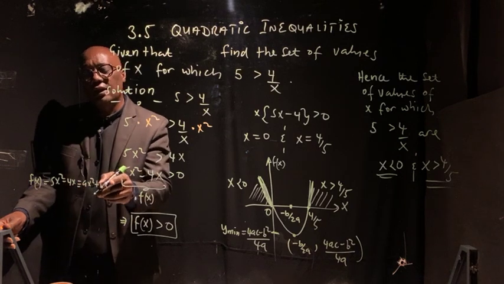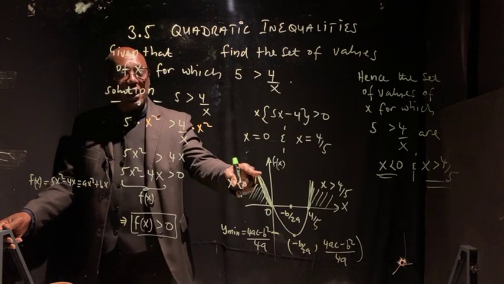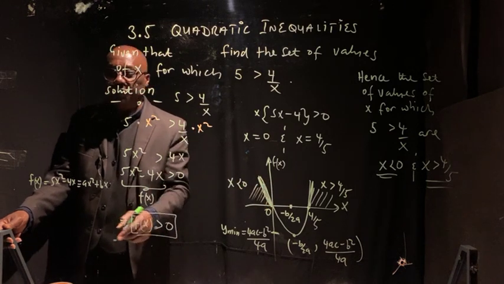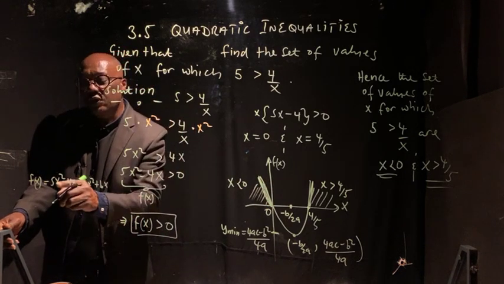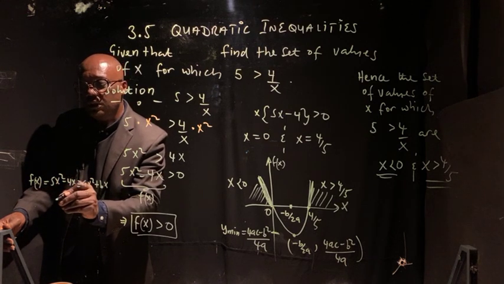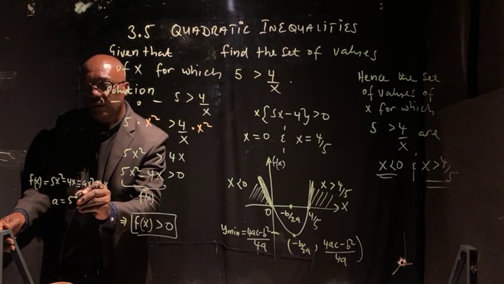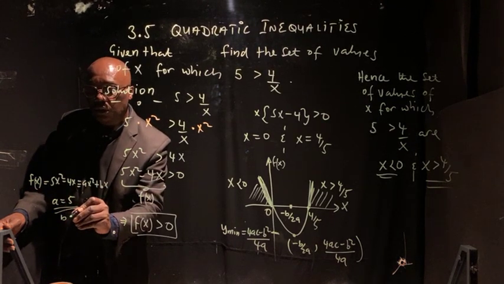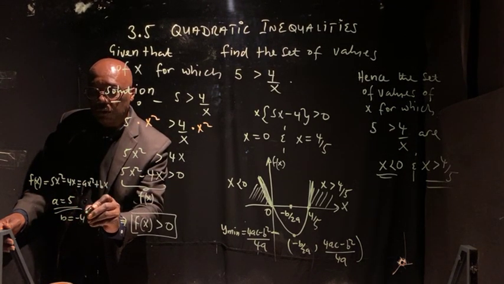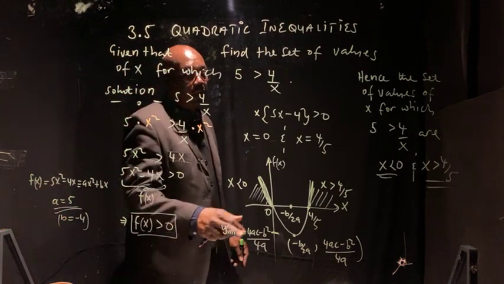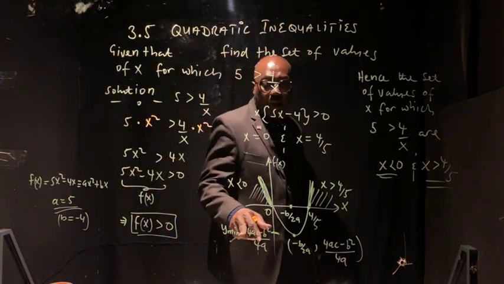The curve doesn't cross the y-axis at any given point apart from the origin. So from here, comparatively, the coefficient of x squared, a, is equal to 5, whilst b is equal to minus 4.